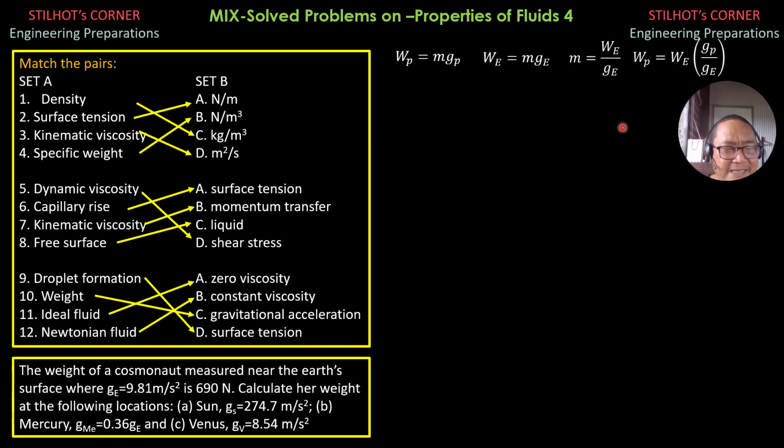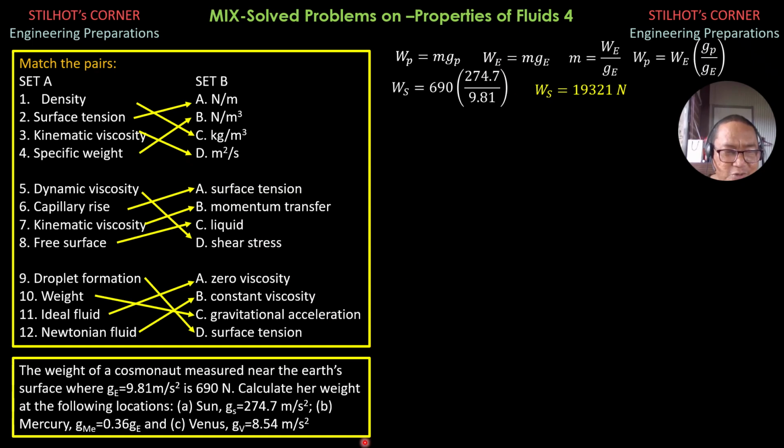So weight in part A, the Sun, is equal to 690, the weight on Earth, times the acceleration due to gravity of the Sun divided by that of the Earth. So the weight expected is 19,321 newtons for the cosmonaut there.